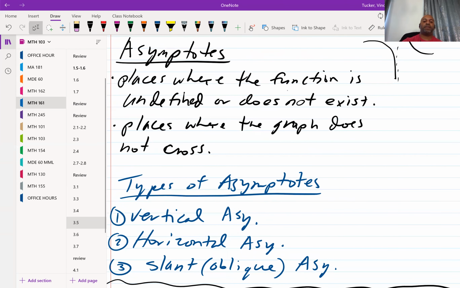So we have 3 types of asymptotes. We have a vertical asymptote, horizontal asymptote, and a slant, sometimes called an oblique asymptote. It just depends on what book you have, whether they call it a slant or an oblique asymptote, but they're the same thing.